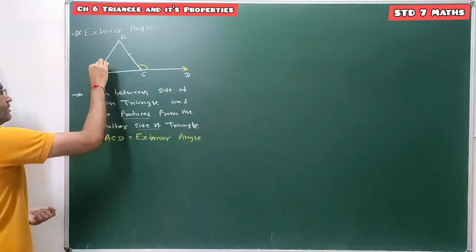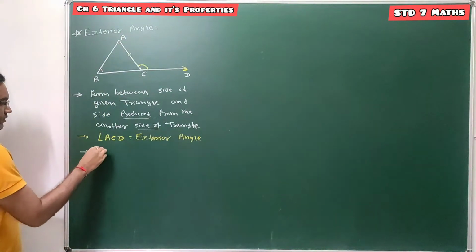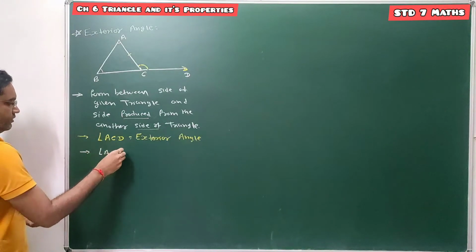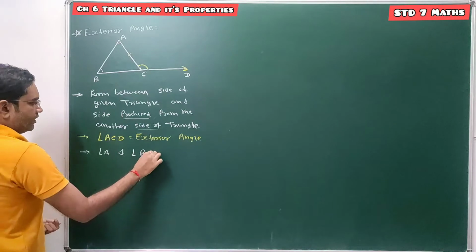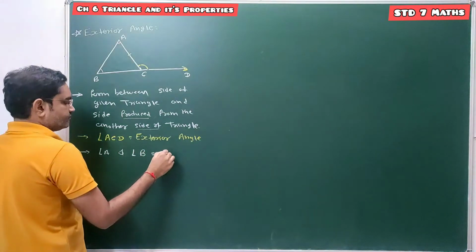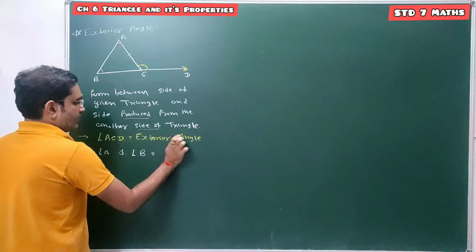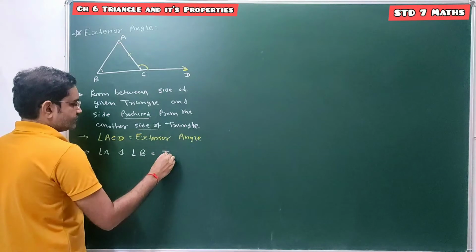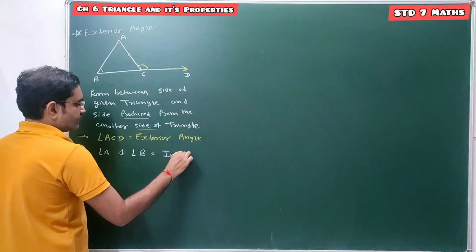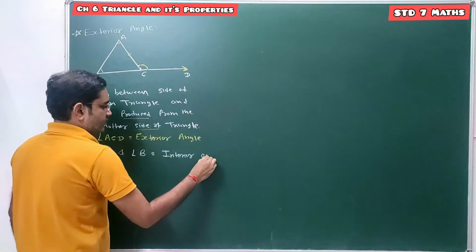So here angle ACD is known as the exterior angle of triangle ABC, and angle A and angle B are known as interior opposite angles.